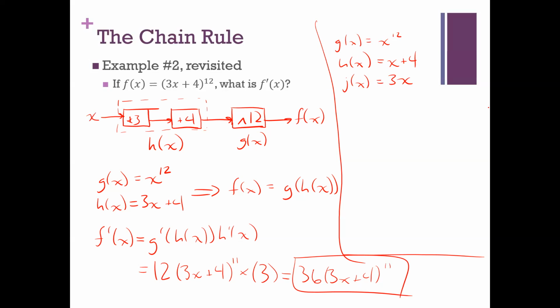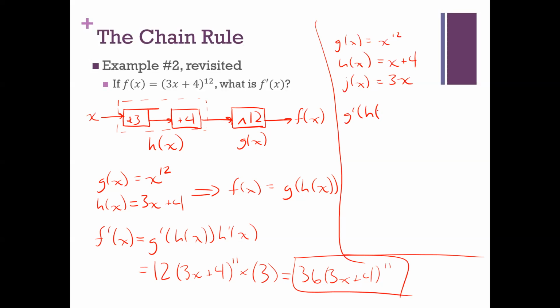So now that I have these three functions, I don't need to have just two functions for the chain rule. I can have as many as I want and just work all the way down. So let's do this. This derivative is going to be g prime of what then instead? h of something, right?